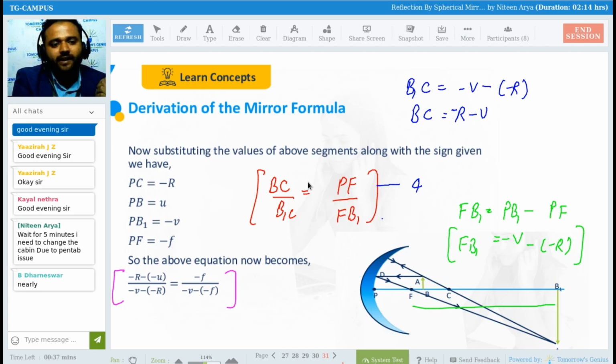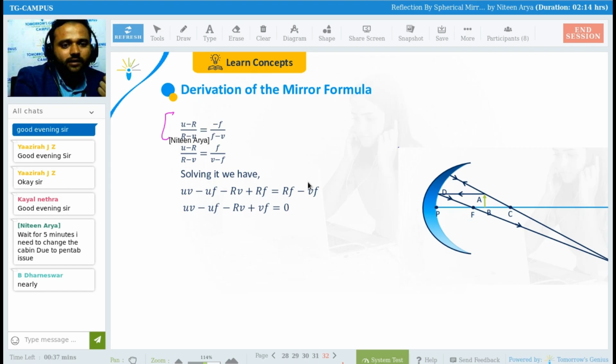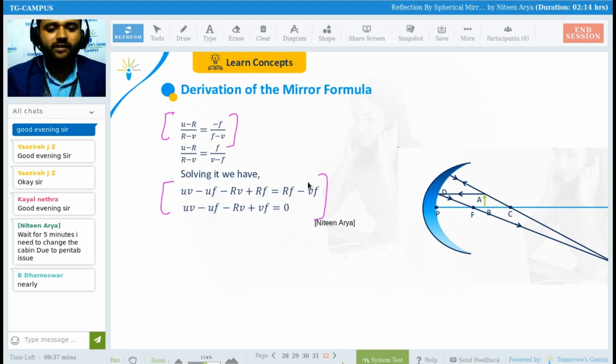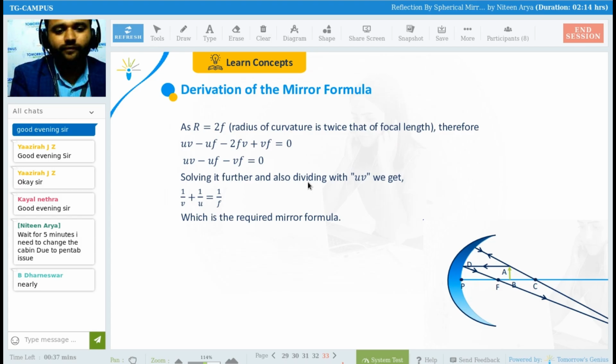Because U is positive, R is positive, F is positive, we can convert this equation into U minus R equals R minus V minus F upon F minus U. Then taking negative common, it is V minus F again. Solving it, we get this, and solving further with R equals 2F, after solving this, UV equals minus UF equals 2FV plus FV.